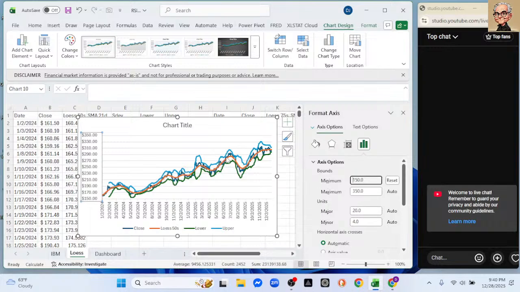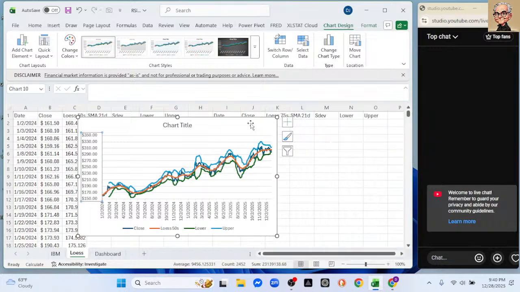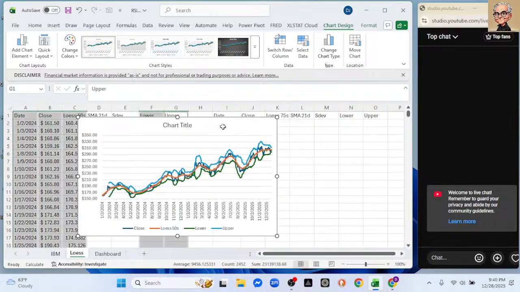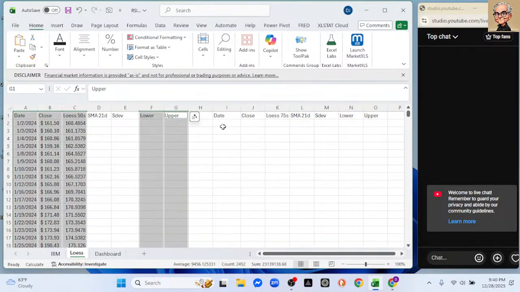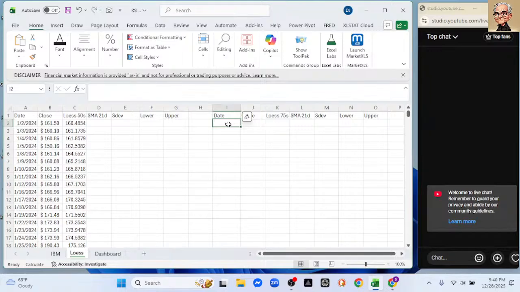So as you see, there's still a lot of volatility here. So now let's take a look at our favorite Excel and LibreOffice Calc function, which is take.